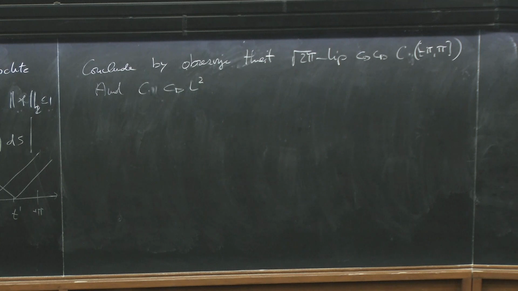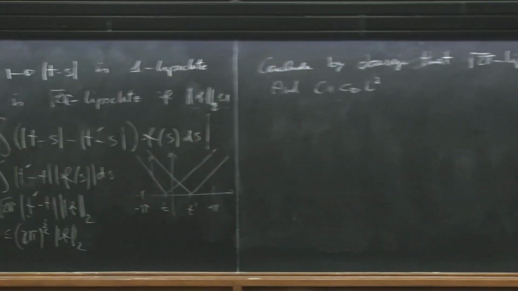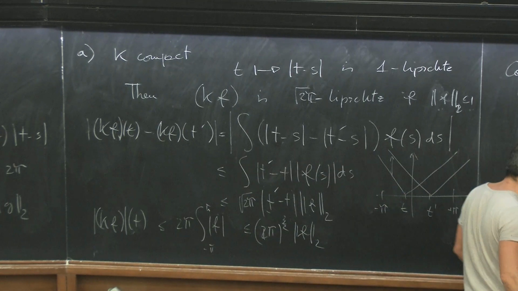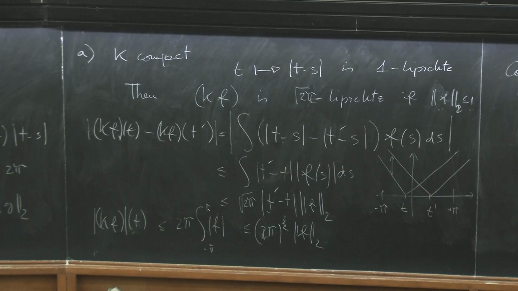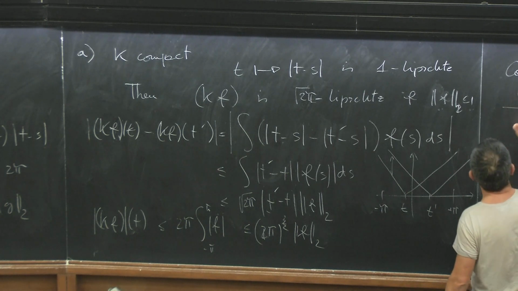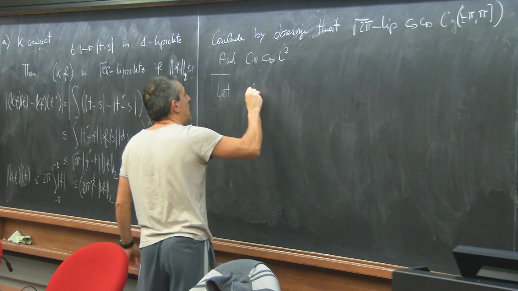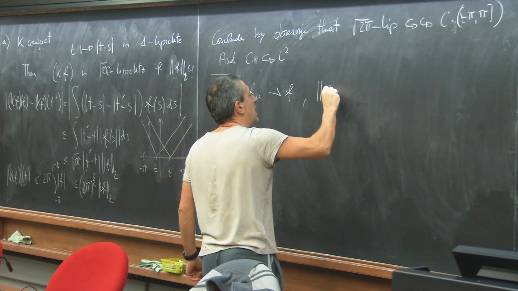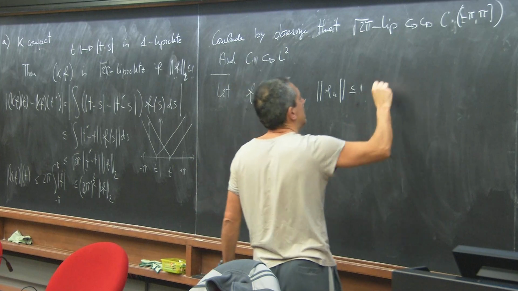Okay? Then we can see another proof. Another proof uses that the space is reflexive, essentially it is Hilbert even. Another proof: let Fn weakly converge to F, with norm of Fn less or equal than 1.